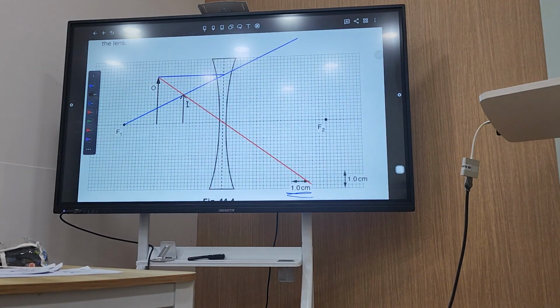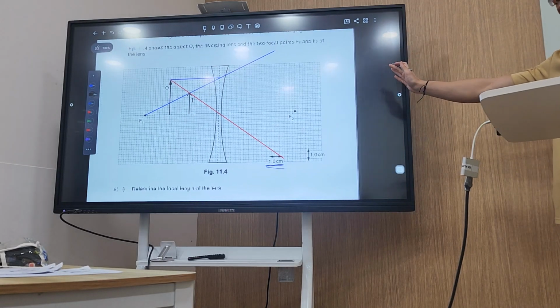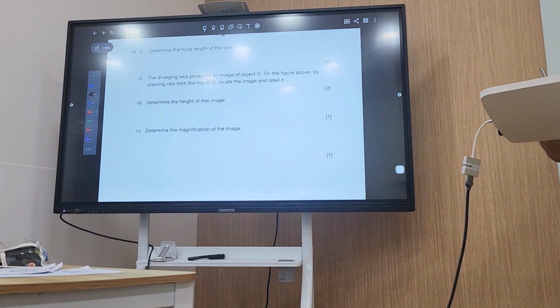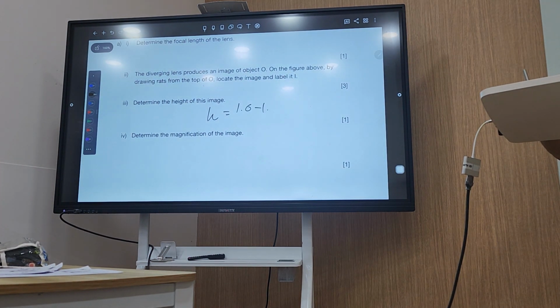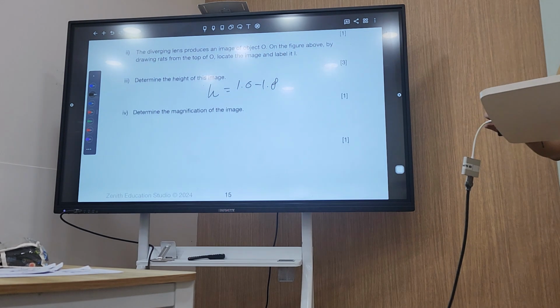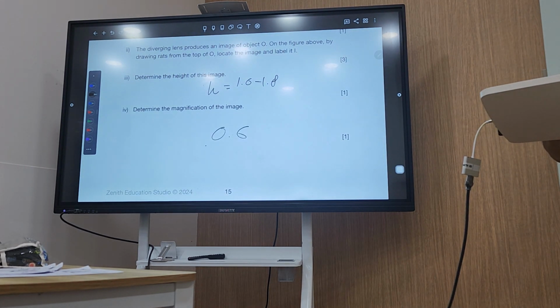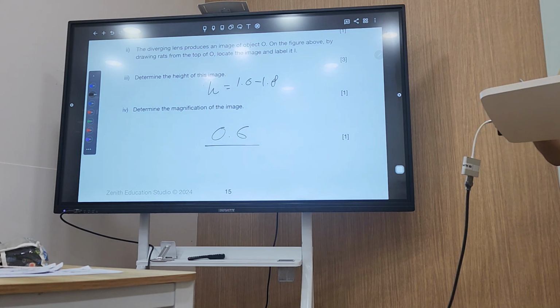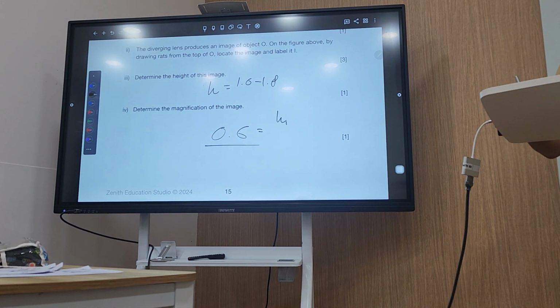No matter whether we follow the school's printing or not, your height value should be about 1.6 to 1.8, I think. Magnification 0.6 is your answer. Magnification is height of image over height of object.